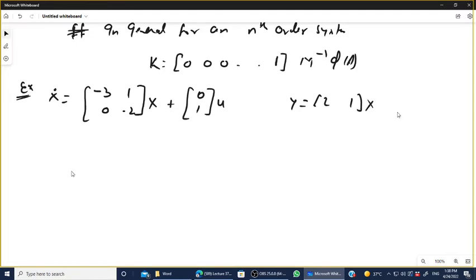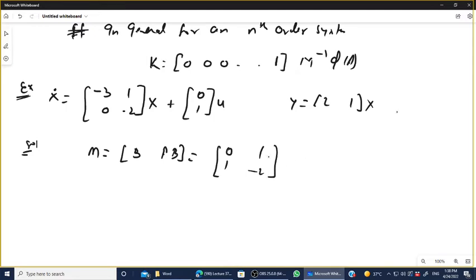The first criterion is to check the controllability of the model matrix, right? So simply [B AB]. B matrix is already given as 0 1. When you find AB, it will yield 1 minus 2.